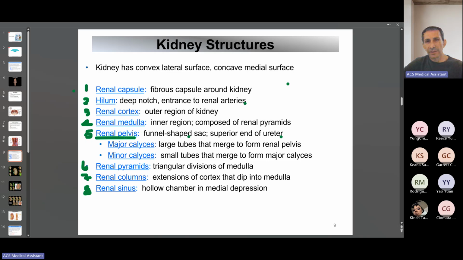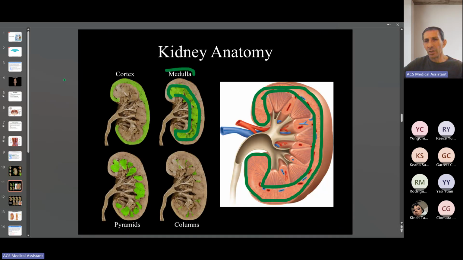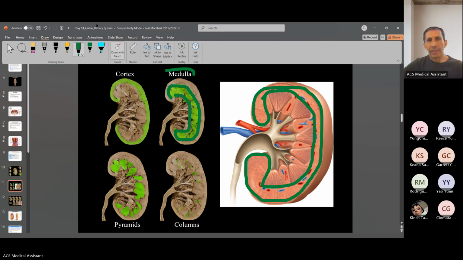The renal pelvis. Now we have major calyces, minor calyces. I'm not talking about that. See, the renal cortex is the outer region of the kidney, the renal medulla the inner region. Now the inner region is made of renal pyramids. What are the renal pyramids? They look like pyramids inside. So if you look right here, they are not well defined, but these are the pyramids.